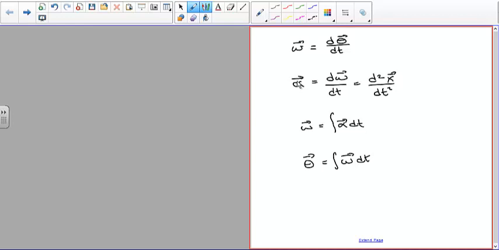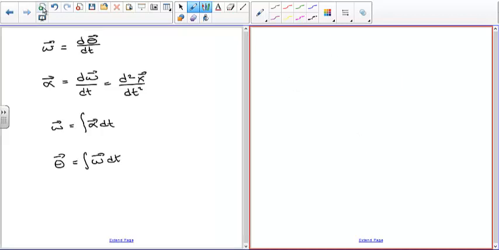So when you look at the problems, you can be given theta as a function of time. And it doesn't have to be just one dimension. You could make it up into different components in the x, y, and z directions.